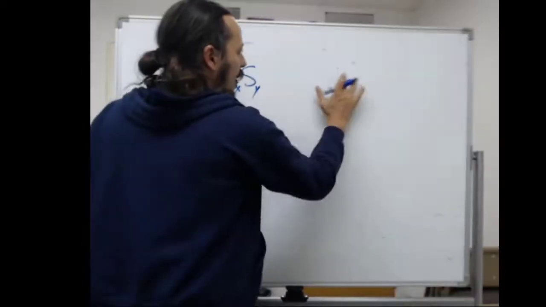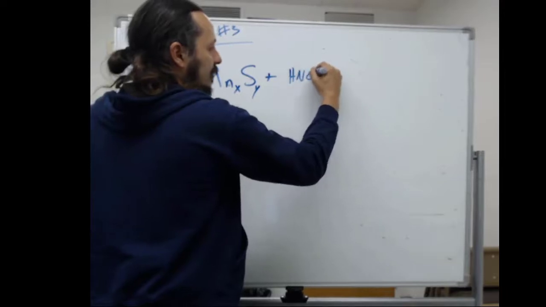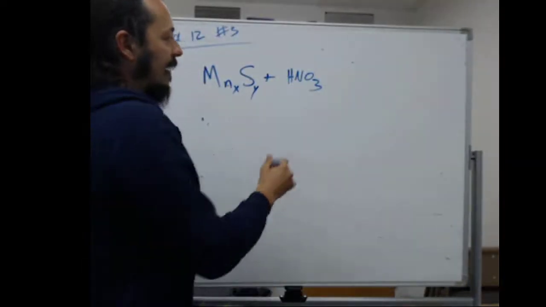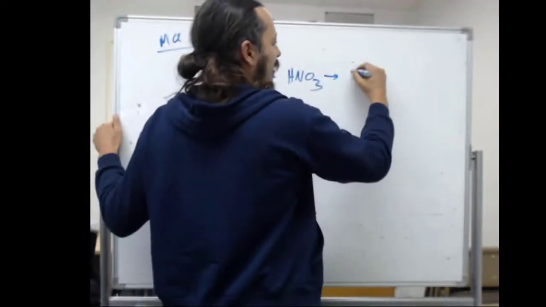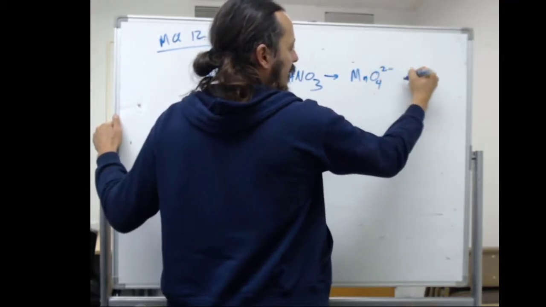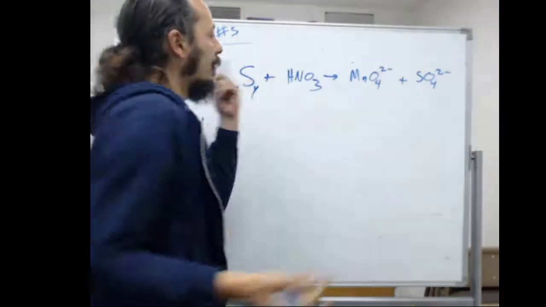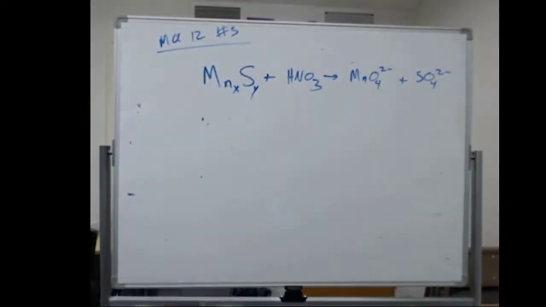So that's a great place to start. We also know we're doing some reaction with nitric acid, and that reaction is going to produce permanganate and sulfate. And probably some other things because there's got to be nitrogen someplace. But these are the two things that we care about.